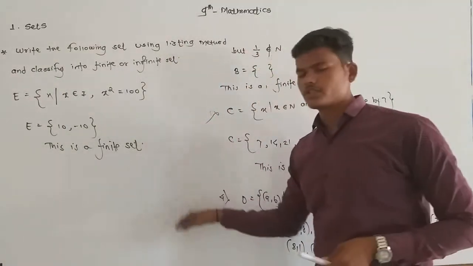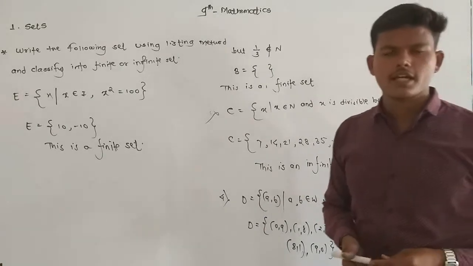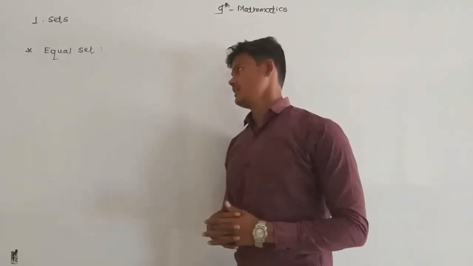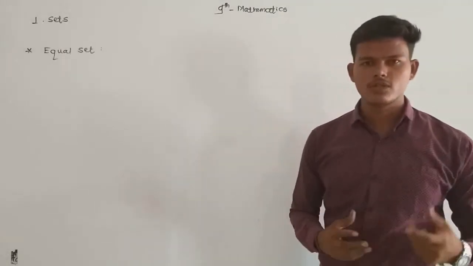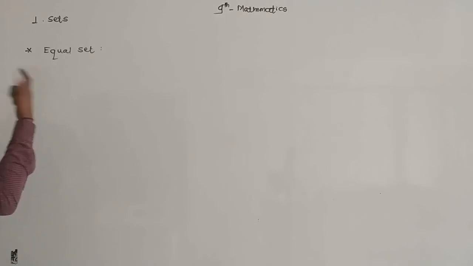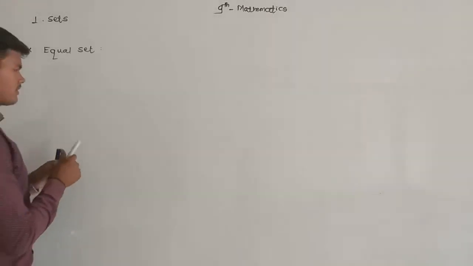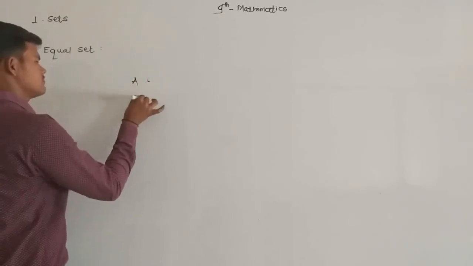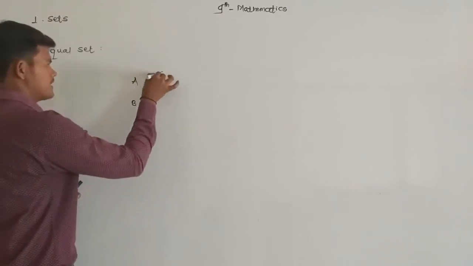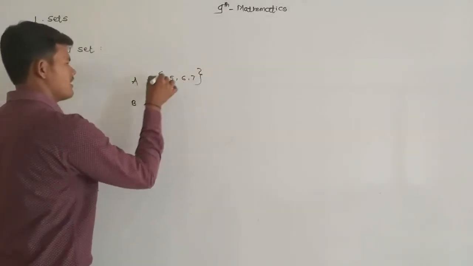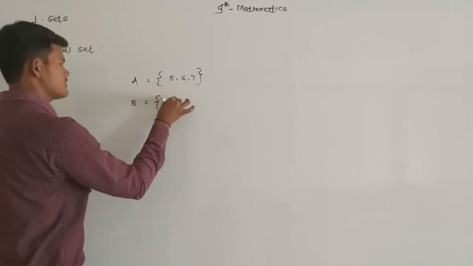Now we are going to start our new point, that is equal sets. What is an equal set? As the name suggests, equal set. Equal means what? Suppose we consider two sets, set A and set B. If set A contains 5, 6, 7 and set B contains 7, 6 and 5.